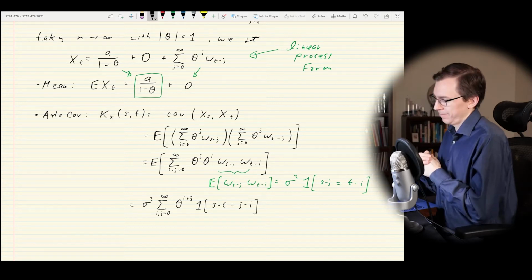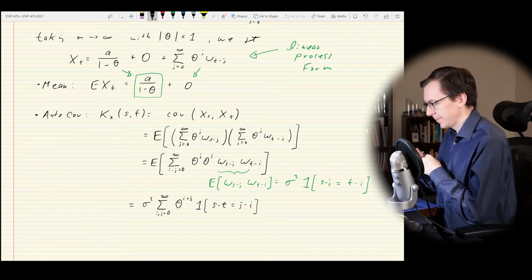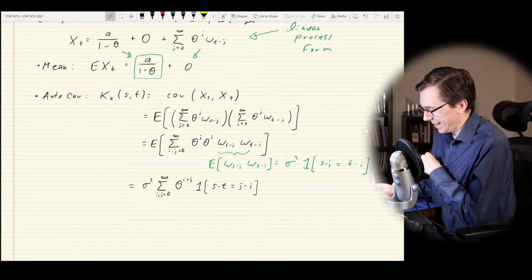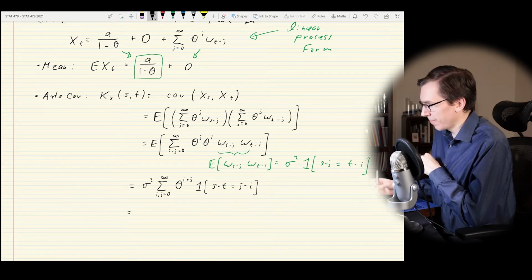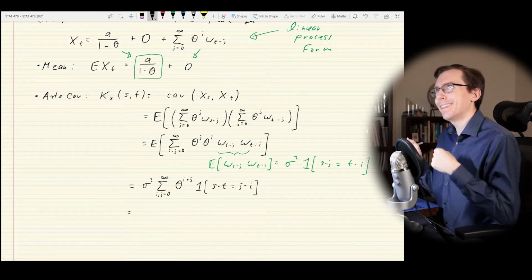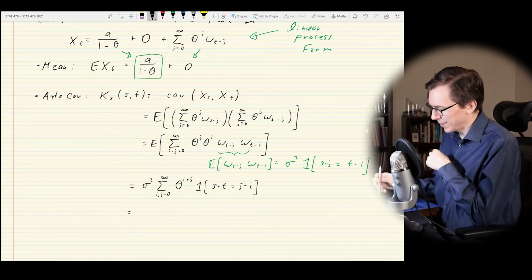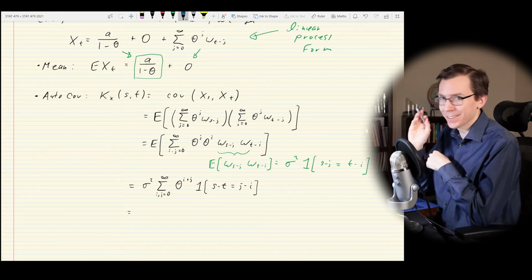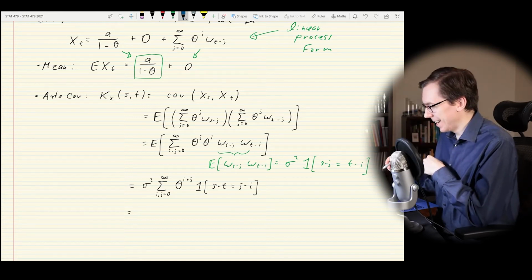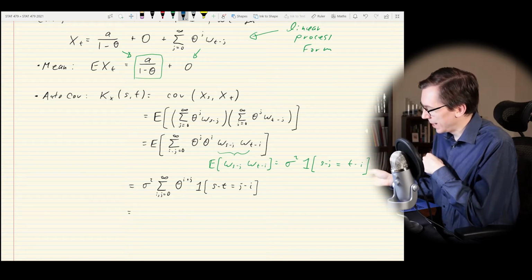If I got that right. Yes, that looks good. The reason why I want to do that is because I want to extract a theta to the s minus t, if that makes sense. So why don't we do this in the side margin to make sure I don't make a mistake, and that you can also follow the calculations that I'm doing.